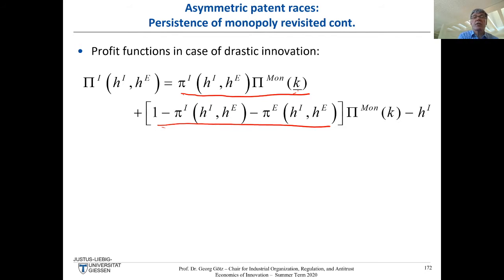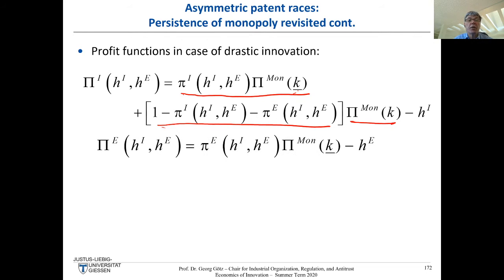In this case, I still am the monopolist with the old technology. It looks slightly different for the entrant, because the entrant, of course, gets the monopoly position. It's a drastic innovation, okay, minus HI.